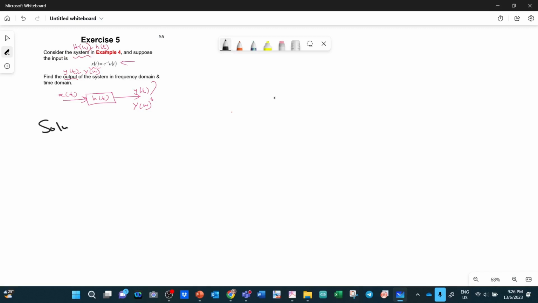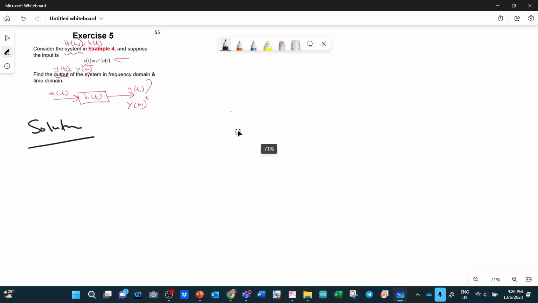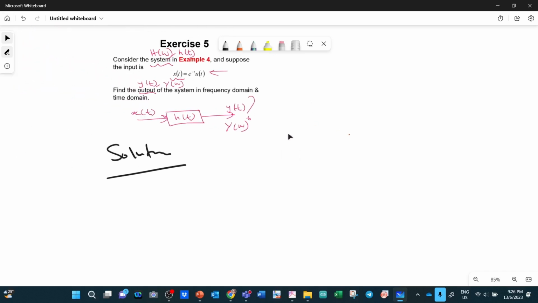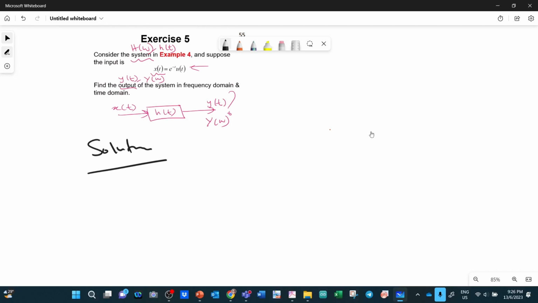Okay, so the solution. For this case, of course you want to answer it using Fourier transform, since we are in the Fourier transform chapter. First, you have your equation y(t), but it's in time domain. So what you need to do is convert it to frequency domain.